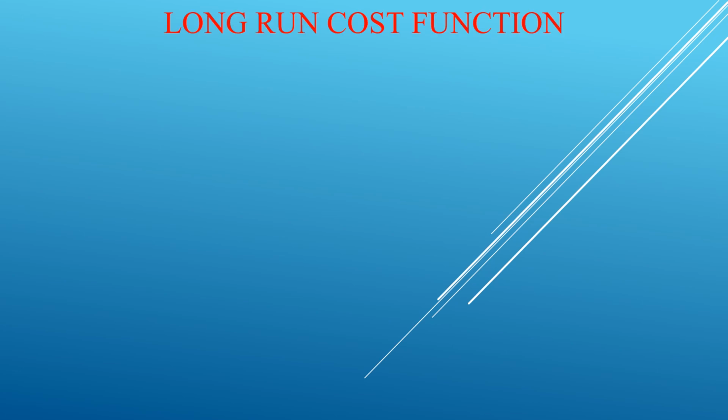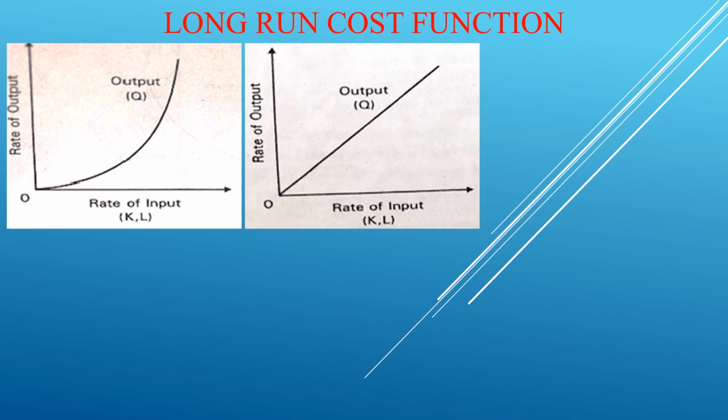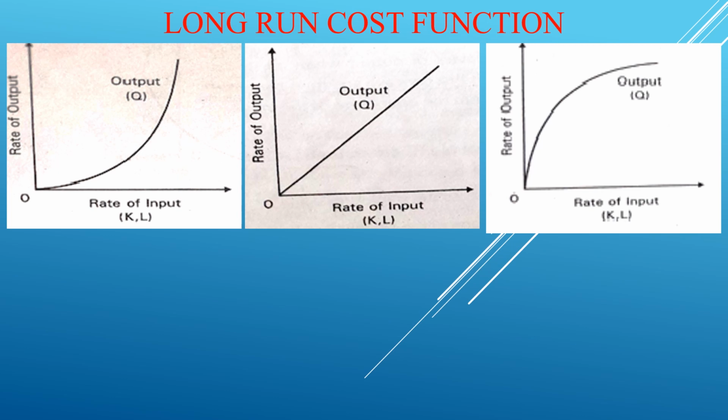Today I will discuss the long run cost function. The long run cost function is nothing but a replica of the long run production function. You all know that the long run production function is otherwise called returns to scale.